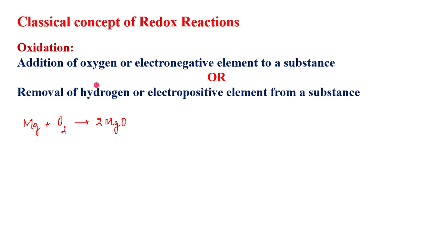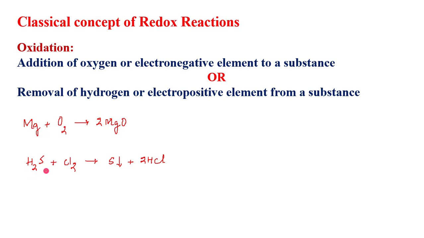Or other than oxygen, what you can add is an electronegative element. Say for example, hydrogen sulfide, H2S, treated with chlorine gas. It will produce a precipitate of sulfur and HCl, right?